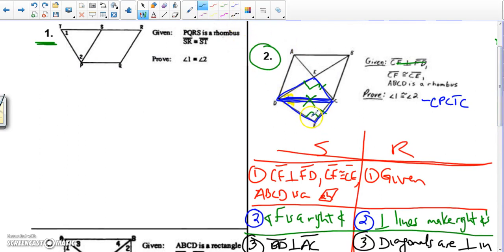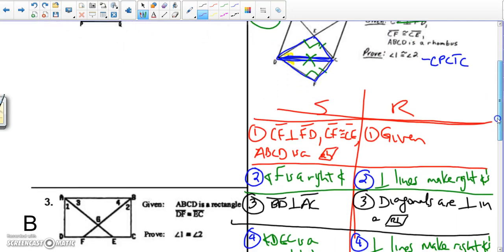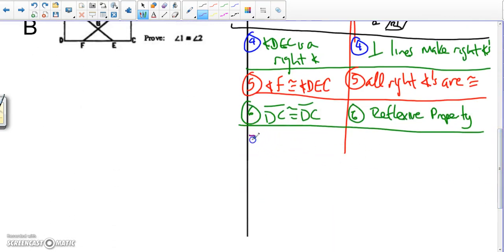So what we have is an angle side side proof. Hopefully you remember we can't do that. ASS or SSA is not allowed. But since we have a right angle there, we do have our right triangle HL bonus rule.